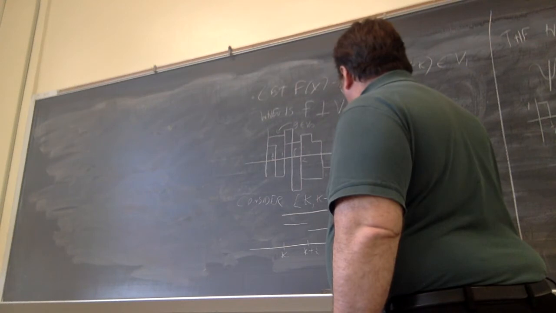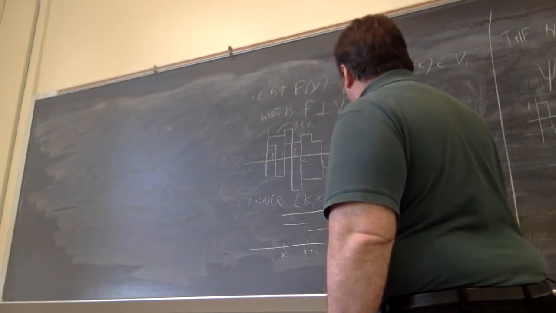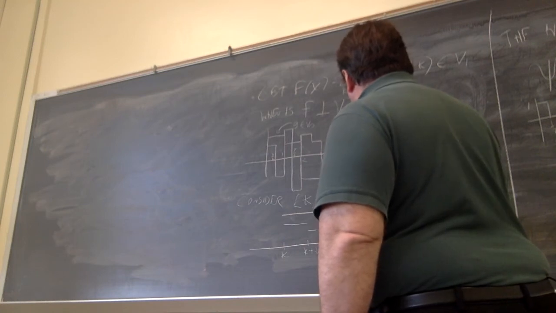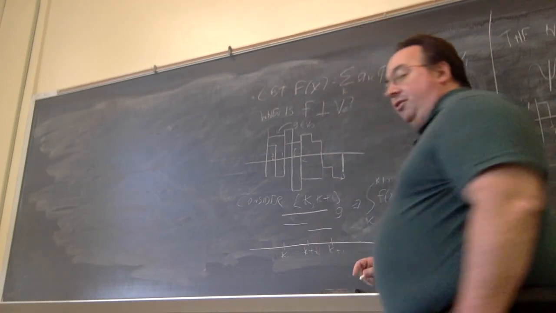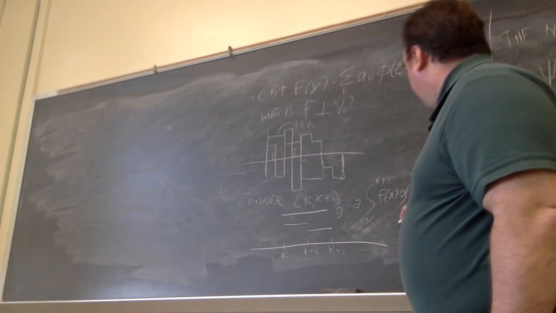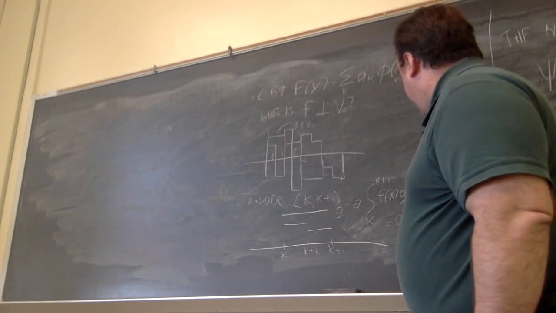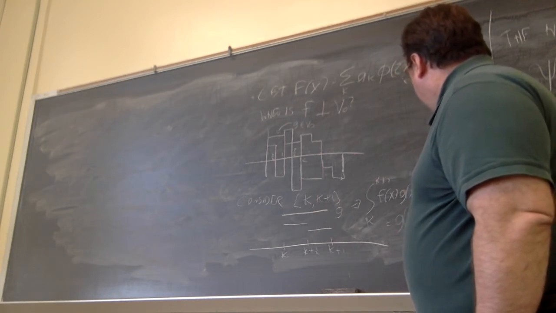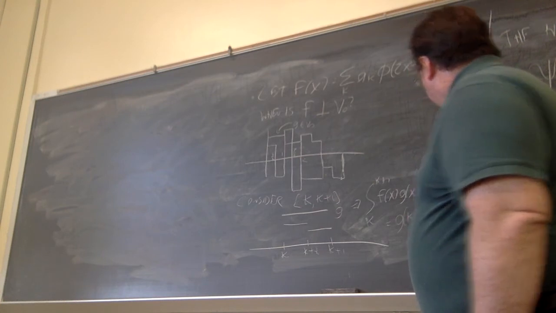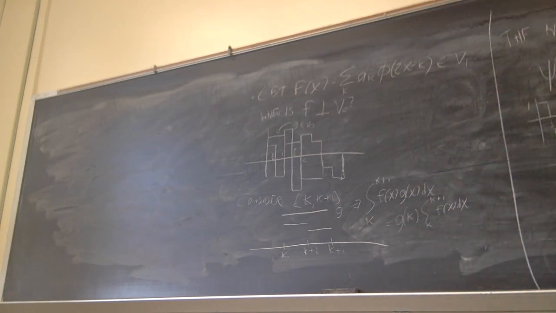the integral from k to k plus 1 of f with g. Now I can just use g, I don't have to conjugate, because we're assuming from the beginning that everything is real. That would be equal to, I can factor out g of k. Why? Because it's constant on that interval.